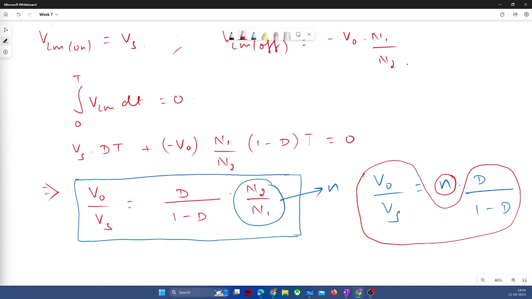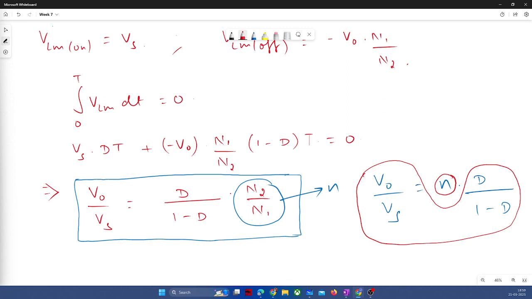No. In forward, though you are getting N into D, as you increase the turns ratio parameter, you will get even higher than input in the forward converter.